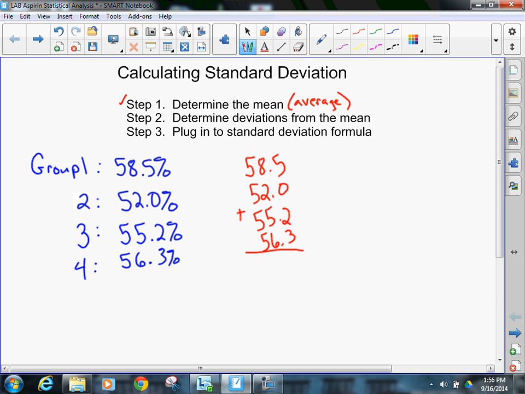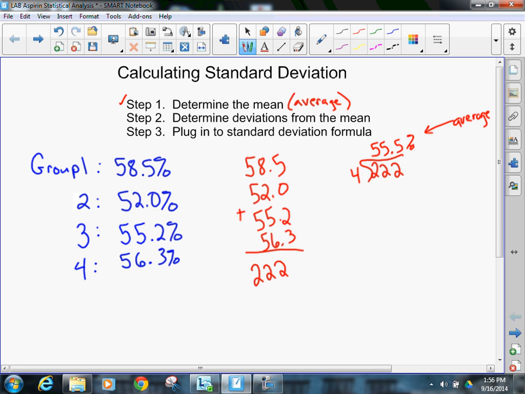Okay, and that should give us about 222, and then we have to divide that by how many groups we had, right? So 222 divided by 4. This is going to give us 55.5% for the average.